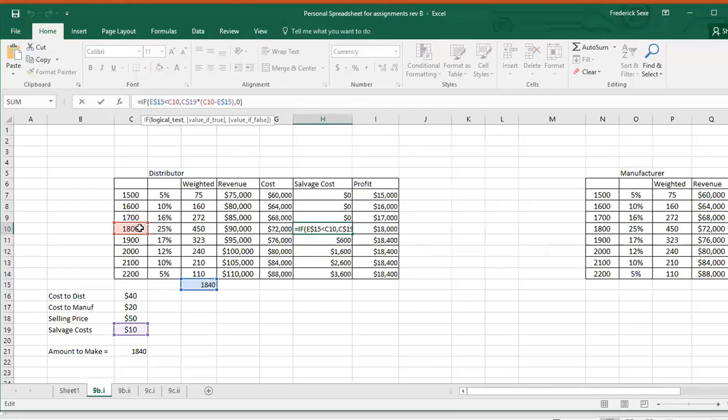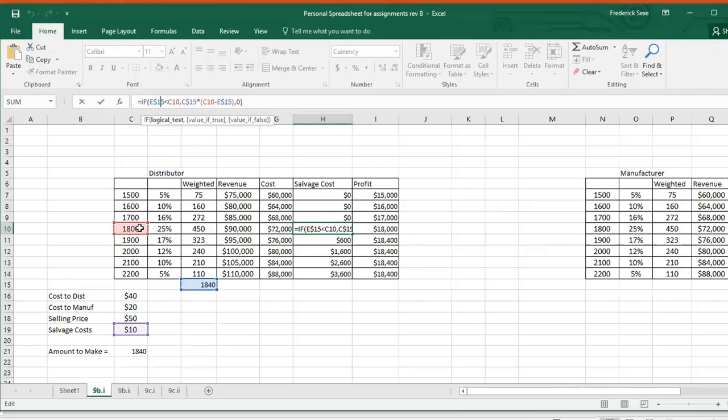Salvage cost in the make to order that we have here. Let me just make sure. So in the make to order, the salvage cost is borne by the distributor because the manufacturer is only going to build what the distributor orders.